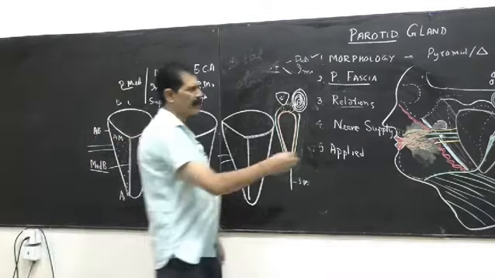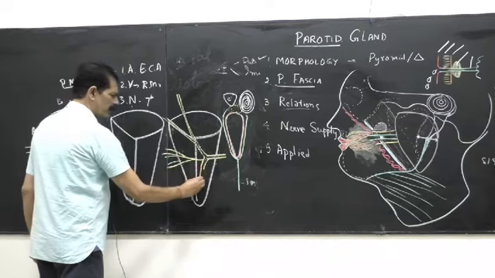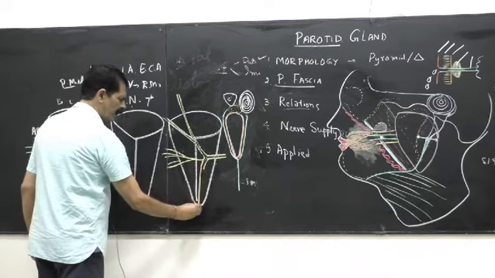The temporofacial will further divide into temporal and zygomatic. And the cervicofacial will divide into superficial and deep branches, into upper buccal and lower buccal, and then into two branches, marginal mandibular and cervical. So this diagram we have repeated in the facial nerve also and here also.